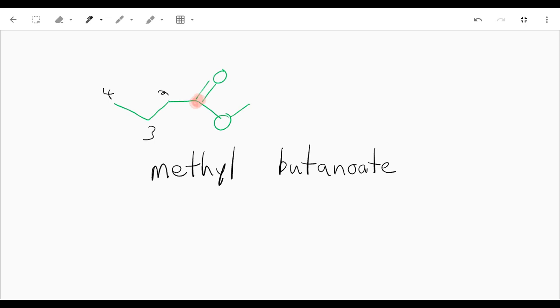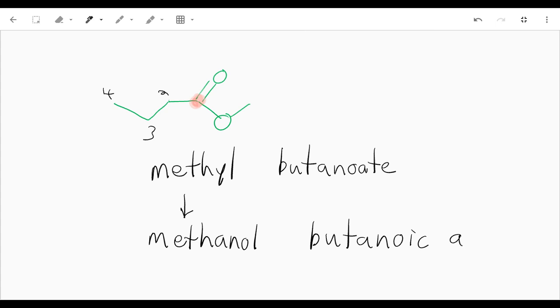If there are branches on it, you can stick the branches in as well, but most of the time when you have to name these compounds, it's pretty straightforward. If we want to know what it came from, because diploma will ask that too, we have methanol and butanoic acid.